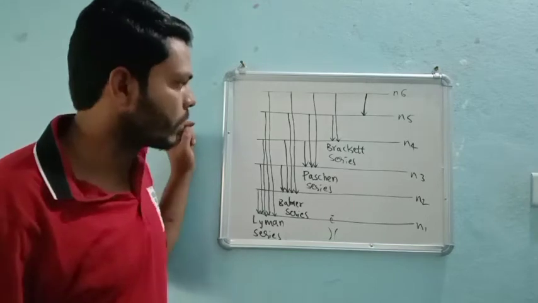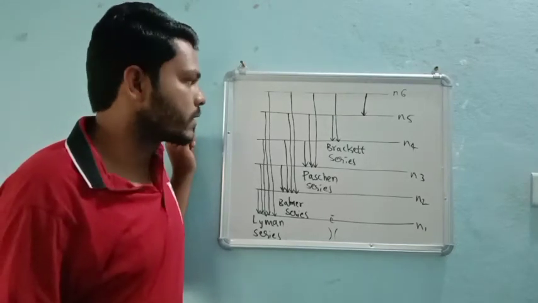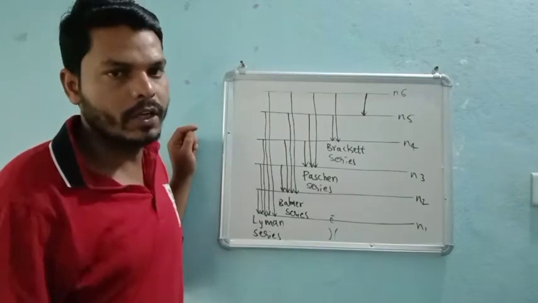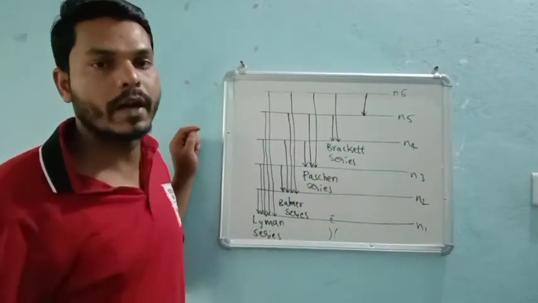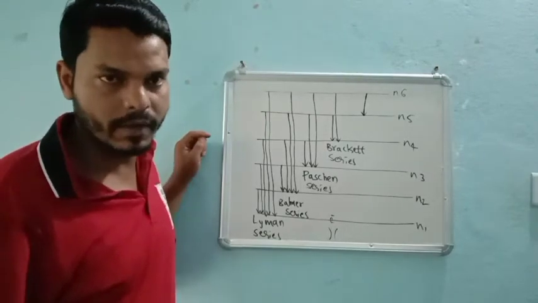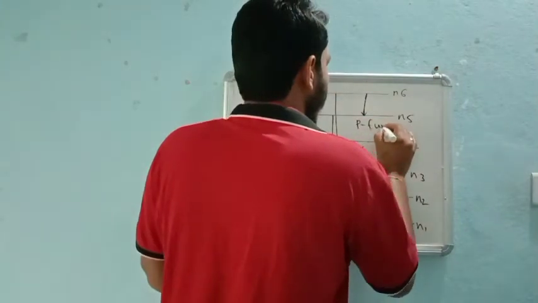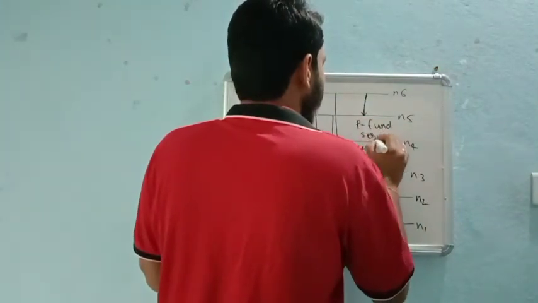Like this you remember. And finally one more scientist came, and what he suggested is the minimum energy is the fifth level of hydrogen, and it might jump from the fifth level to the sixth level, and whose name is Pfund, and the complete name is Pfund series.